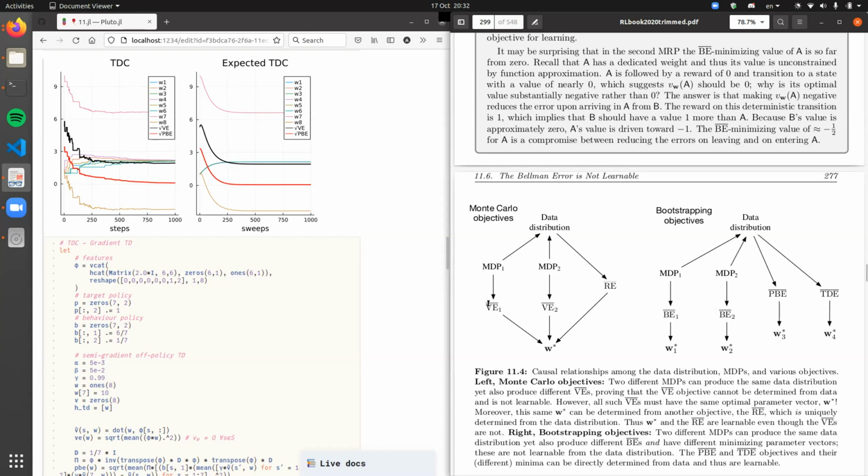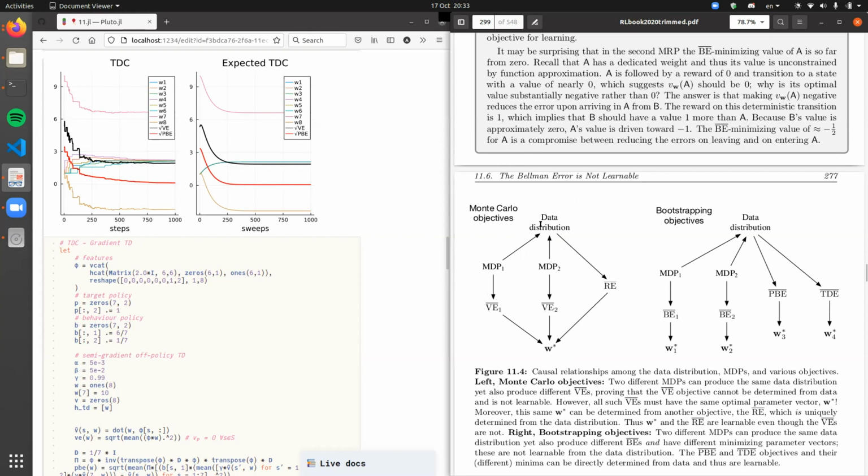And there are two different value errors that will correspond to this MDP and this one. So here W star is the optimal weights for that MDP when using that particular function approximation as shown in the example, right?